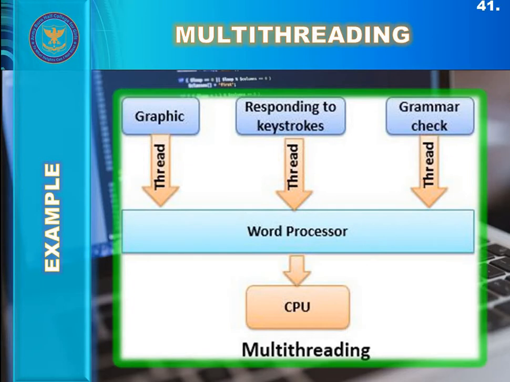Another thread is responding to the keystrokes you are pressing. For example, you are writing an essay in English, you are continuously pressing the alphabet keys, and your spellings are getting checked by an invisible thread, and your grammar is being checked by an invisible thread.